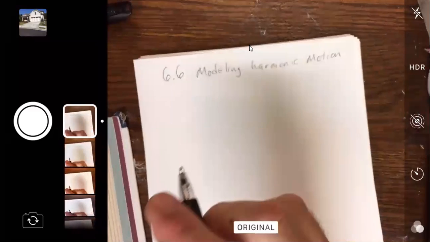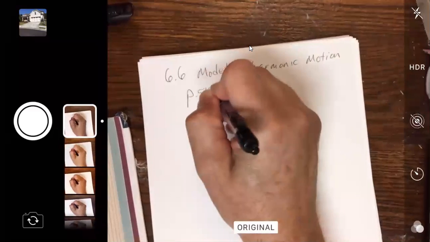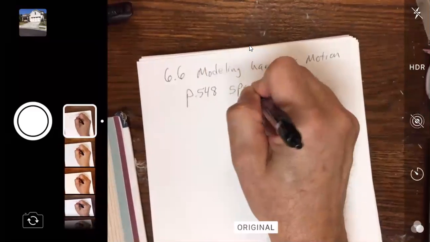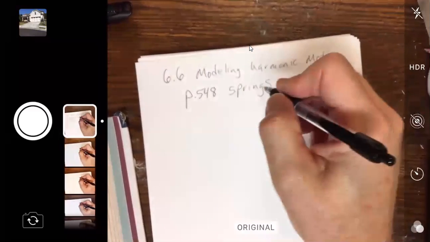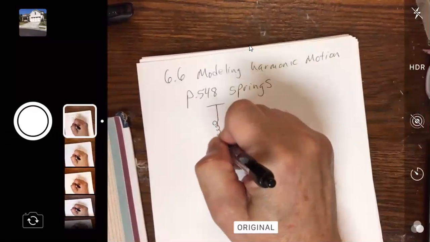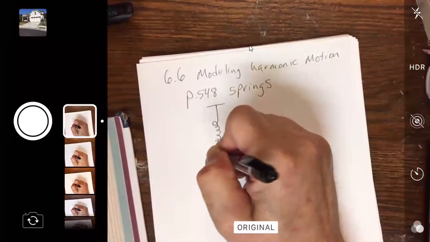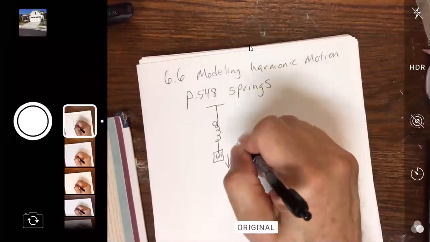Okay, and they show this, page 548, with springs and waves. I take a spring, put a weight on it, pull down and let it go. It will bob up and down.